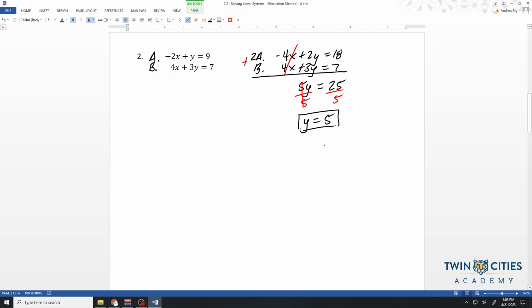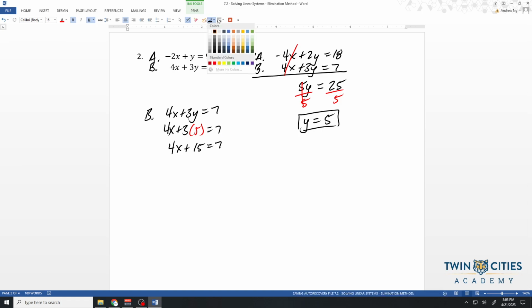Then take this y equals 5, plug it into any of the equations. Let's do the bottom one, since everything's positive there. Let's see, B is 4x plus 3y is equal to 7. But since y equals 5, this will now read 4x plus 3 times 5 is equal to 7. 4x plus 15 is equal to 7.